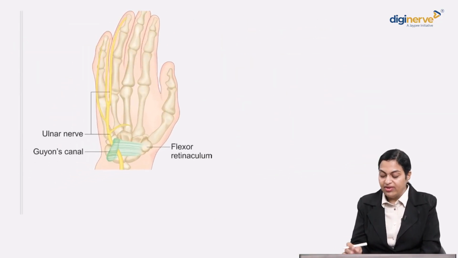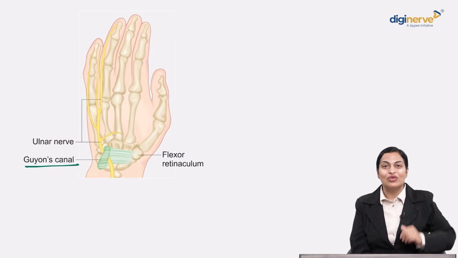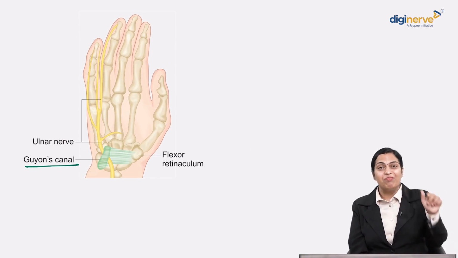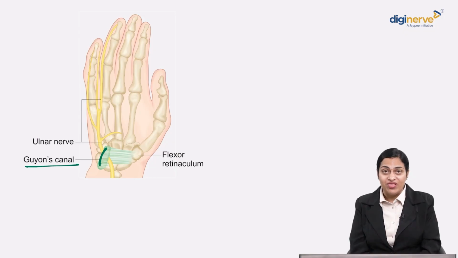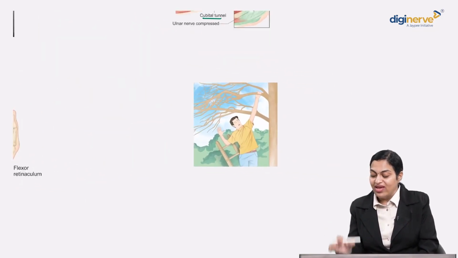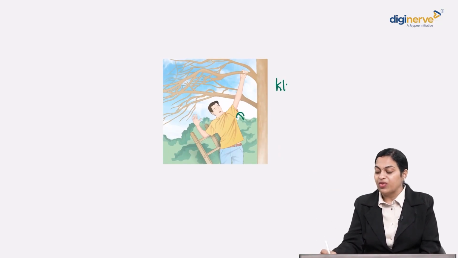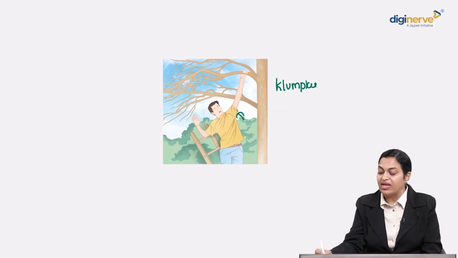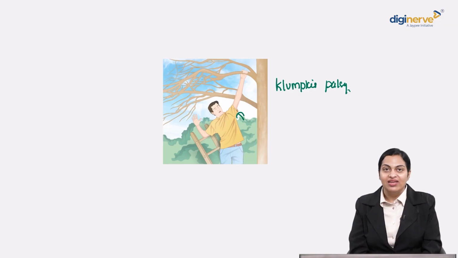And again here, in relation to the flexor retinaculum, we saw that it passes superficial to the flexor retinaculum beneath the pisohamate ligament. This is the pisohamate ligament. That region is called Guyon's canal. Again, it can get compressed here. And yes, injury to the lower trunk of the brachial plexus, which we call Klumpke's palsy, remember? Yes, the ulnar nerve can get injured there.